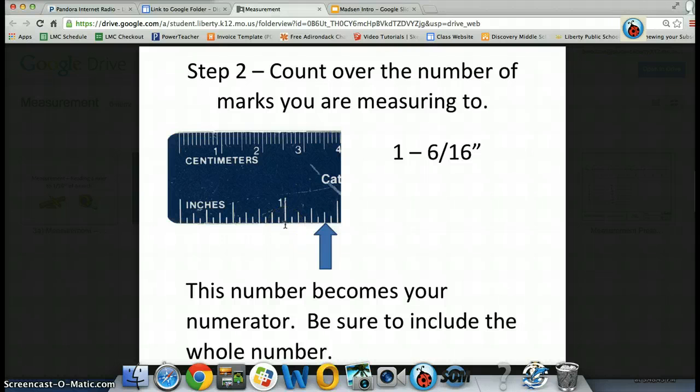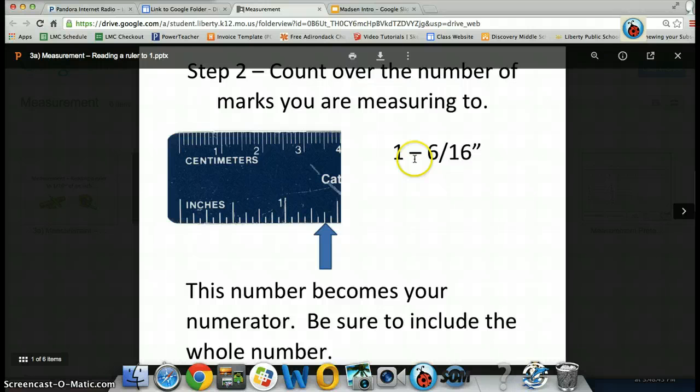So 1, 2, 3, 4, 5, 6. So I'm over 6 ticks past the largest whole number, largest full inch. So I put that number on top. That's the top number in my fraction, the numerator. Okay, so I'm 1 and 6/16. That's how I would read that number.